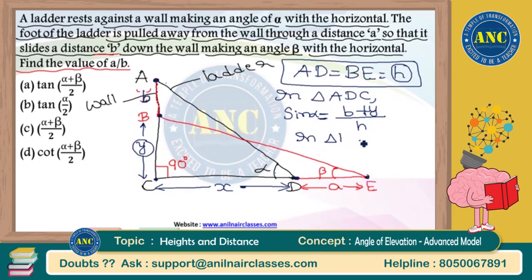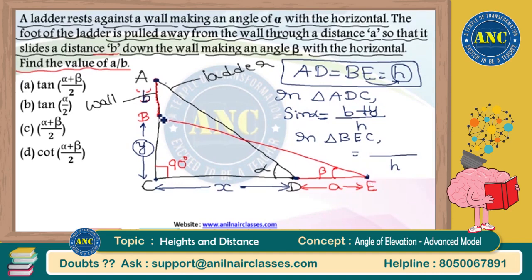In triangle BEC, I know the hypotenuse, because hypotenuse is nothing but BE, and BE is nothing but the ladder, and the height of the ladder I considered already as H. So I will again consider that H. And what is the other side which you will take?